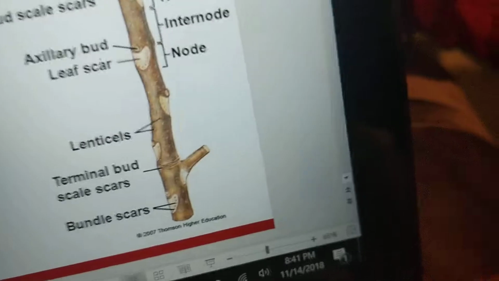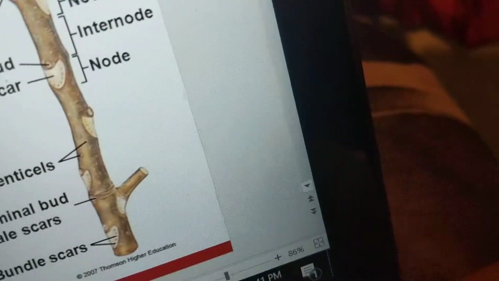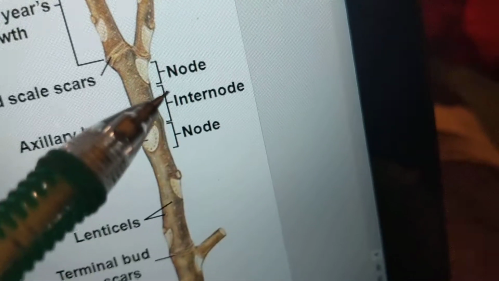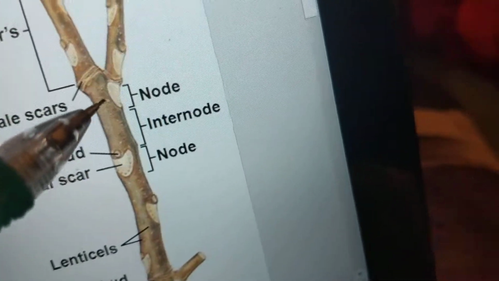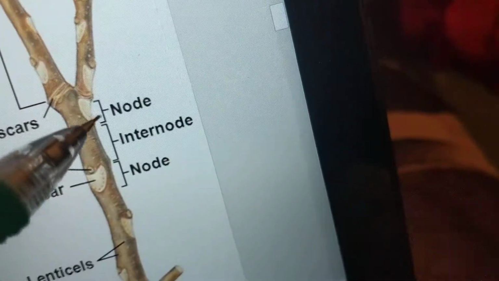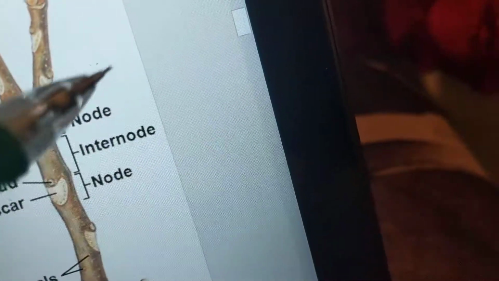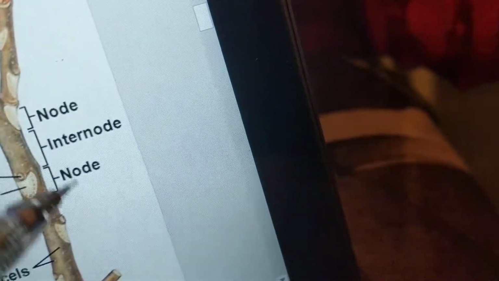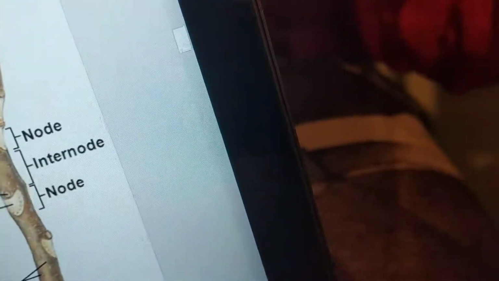What's more important to know though is nodes and internodes. A node is the point where the leaves are. It's kind of like measuring a distance in steps, and the distance in between is called an internode. So step, internode, node, internode.